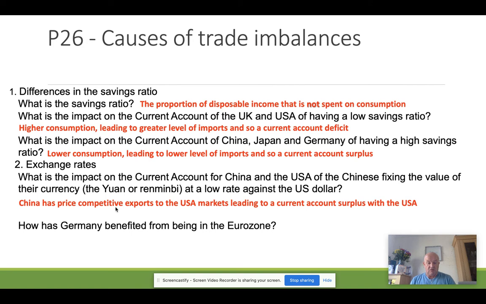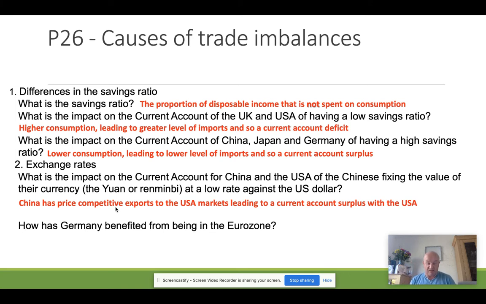So in this instance, if we take the scenario as described there, what is the impact on the current account for China and the US of China fixing the value of their currency at a low rate against the US dollar? Well, clearly in that case, China is going to have price competitive exports, particularly in USA markets, and that's going to lead to a current account surplus with the USA.